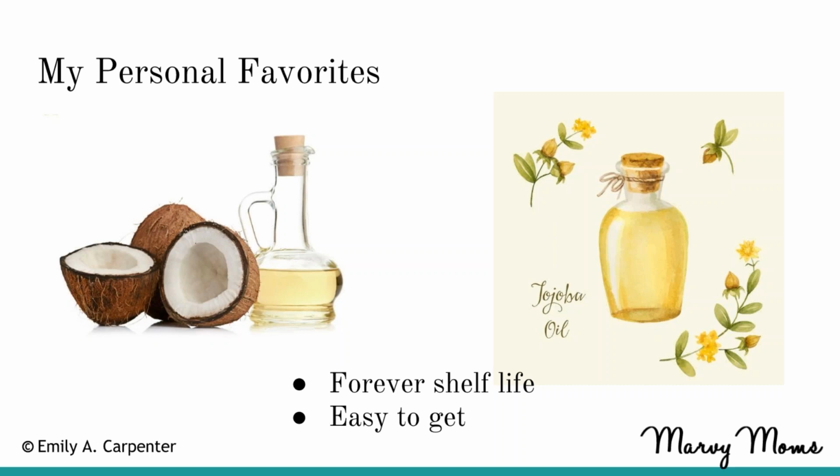They tend to be easy to get. You may not be able to pick them up at your local grocery store, but you can order them online, and they're relatively inexpensive compared to some other oils, and you can often buy them in larger quantities. Like I mentioned, I bought each of these by the gallon, whereas some of the more specialty oils are more expensive and more difficult to source.